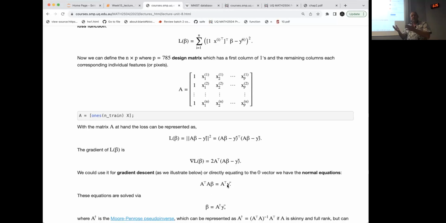Now, to show that something is a global minimum, or even a local minimum, you need also second order conditions. You need the Hessian matrix to be positive definite for a minimum. But we don't do this, and keep in mind this is just for a local minimum.